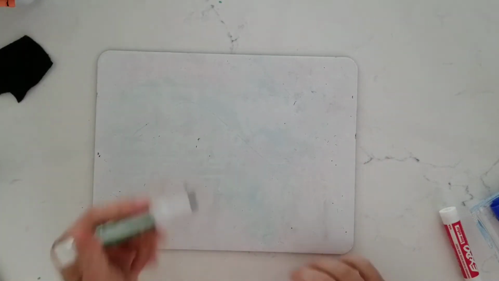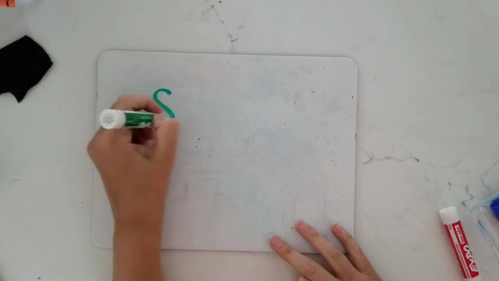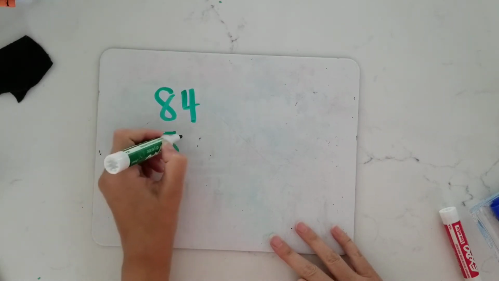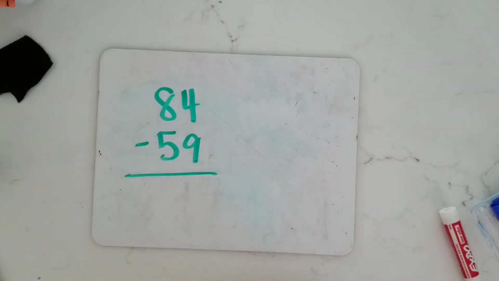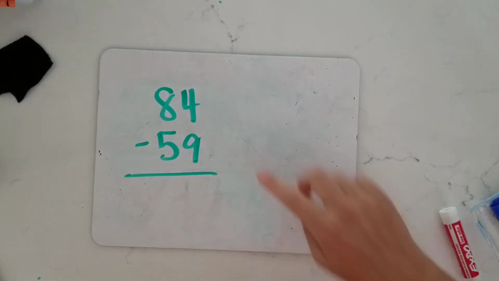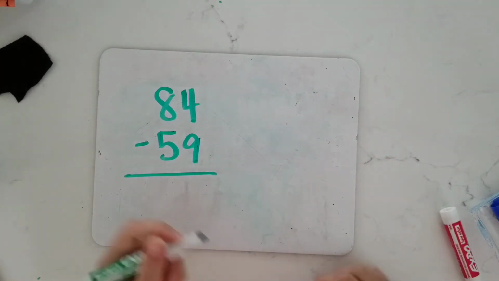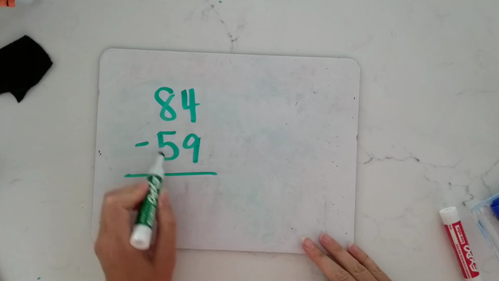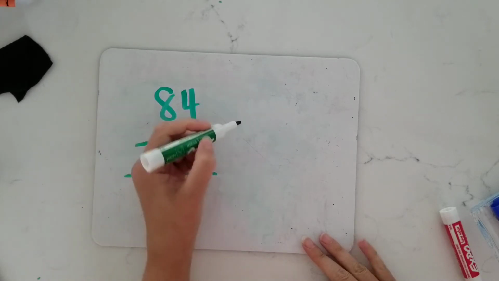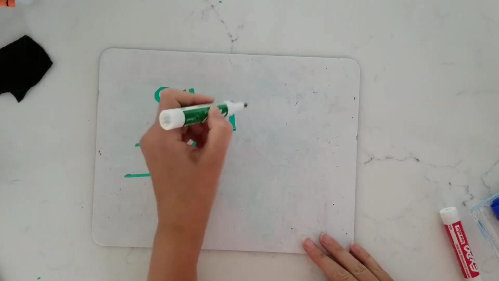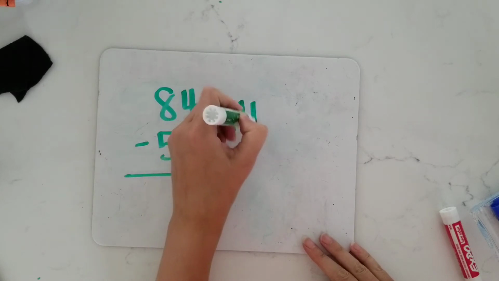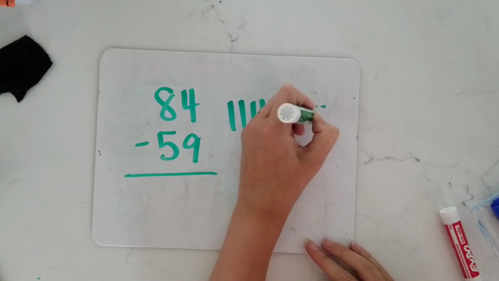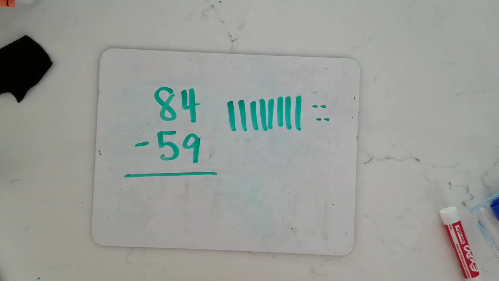Okay, let's do 84 minus 59. Okay, so I'm always going to start with drawing my base 10 blocks for my bigger number because that's what I'm starting with, and then I'm having to subtract or take away whatever my lower number is. So to draw 84 in place value blocks, I'm going to do 1, 2, 3, 4, 5, 6, 7, 8 10s and 4 1s.